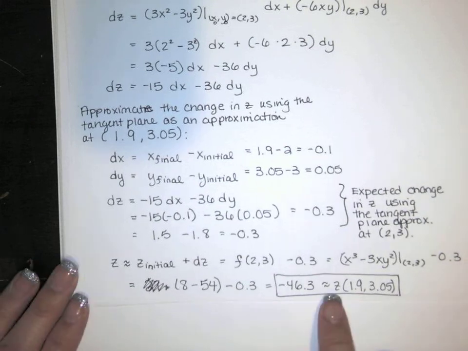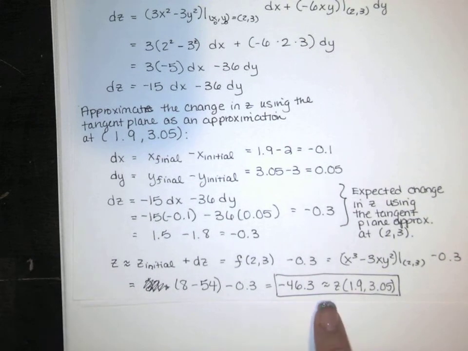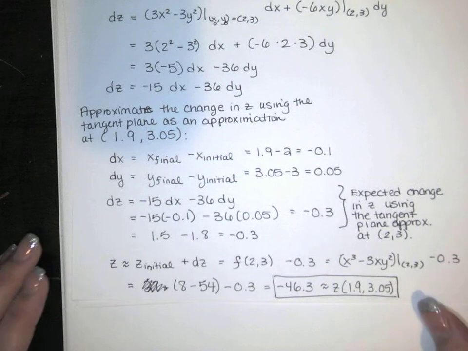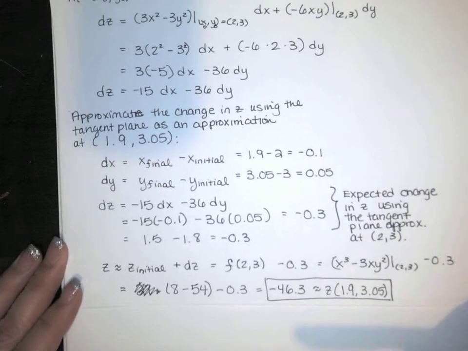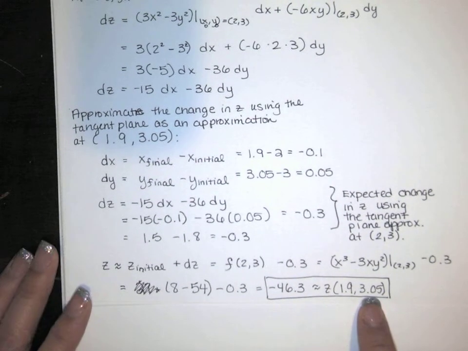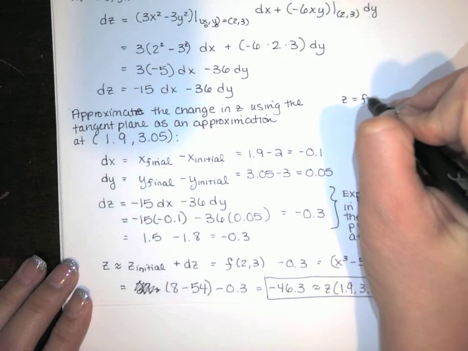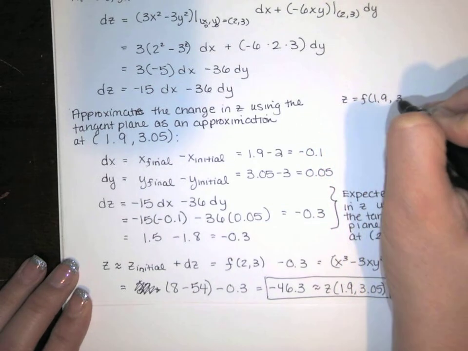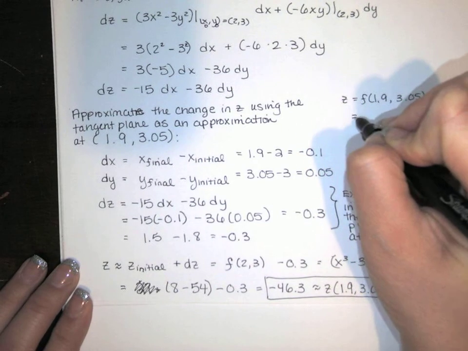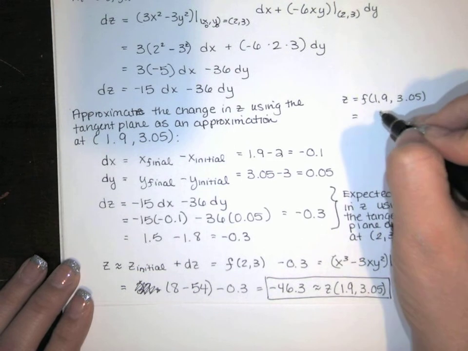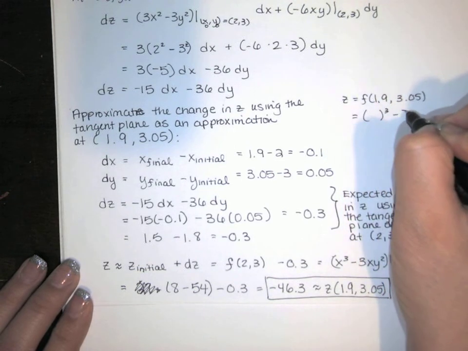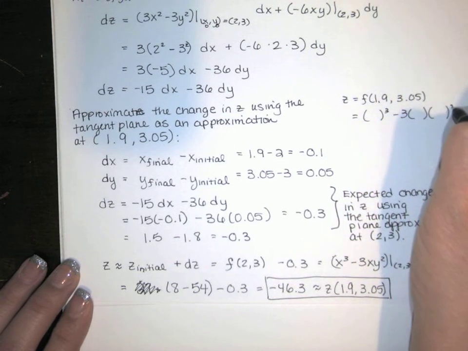Okay, now you might wonder to yourself, how good is that approximation? Well, we could always compare it to the actual z value at that point. So let's find z at that point. So f was x cubed minus 3 times x times y squared.